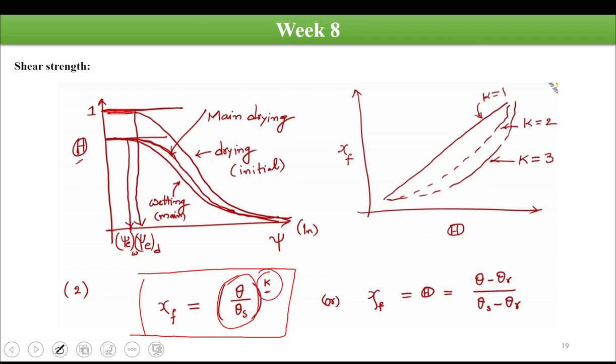K is a factor. As the value of k increases, this will keep on taking a curved path. And this normalized water content we have already seen, theta minus theta r upon theta s minus theta r.